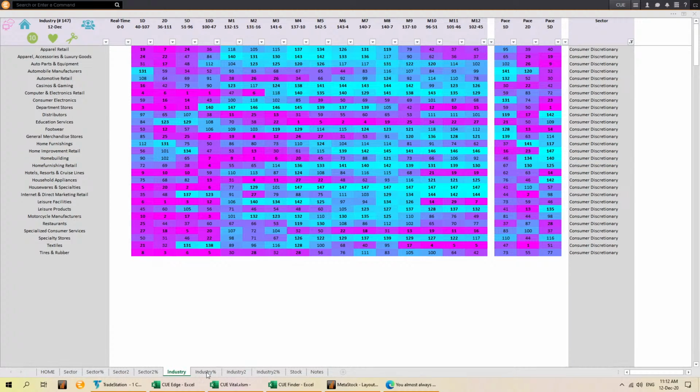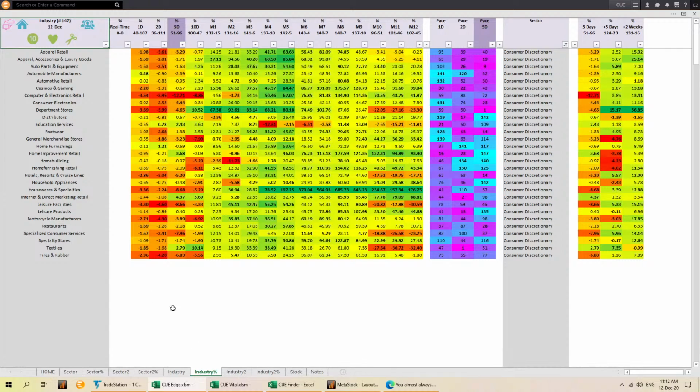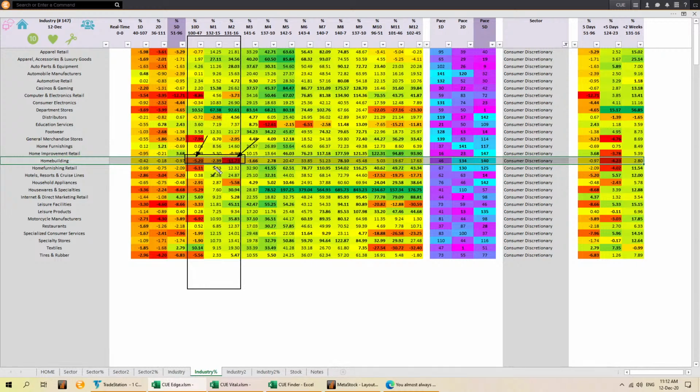To have more clarity, we may look at the industry percentage, and now you see that it was going down faster earlier relative to the others. Again, the heat map instantly shows that earlier, at this point and this point, it was one of the worst industries in the consumer discretionary sector. Here I am drilling down into the consumer discretionary industries only.